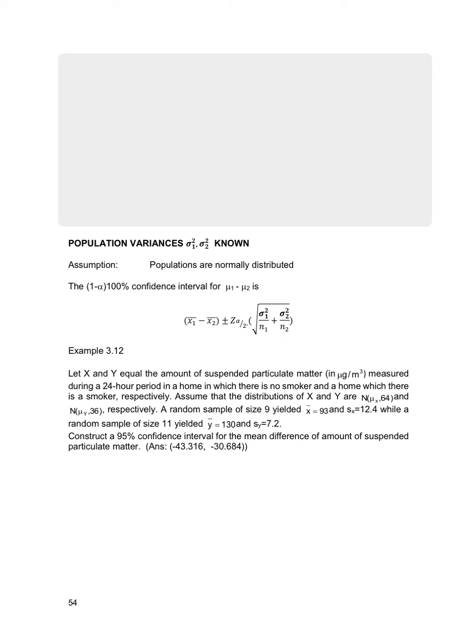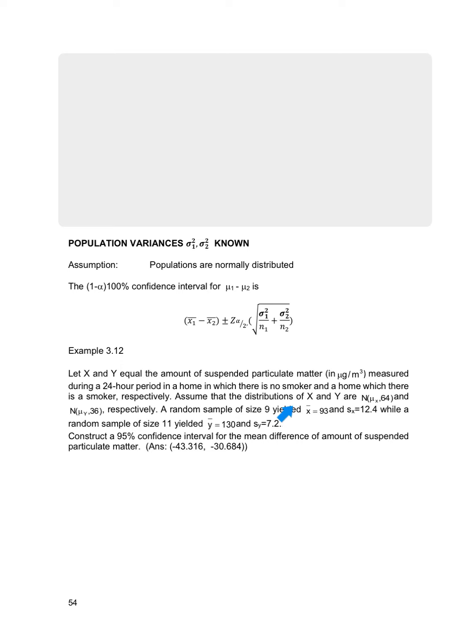Let's look into example 3.12. Let X and Y equal the amount of suspended particulate matter measured during a 24 hour period in a home in which there is no smoker and a home in which there is a smoker.